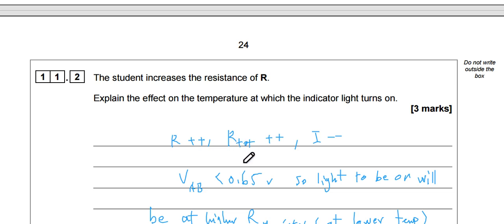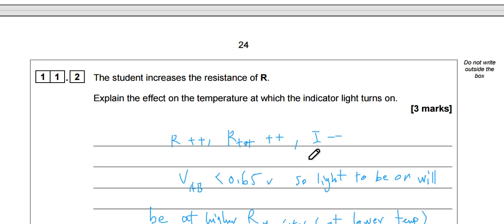So we expect the potential across the variable resistor R to become less than 0.65. Again, the potential across AB or even across the thermistor is current times resistance, and the resistance is increased, so the current decreases.